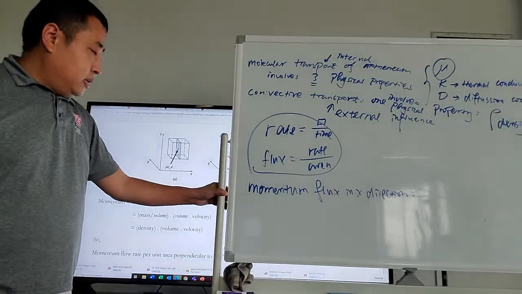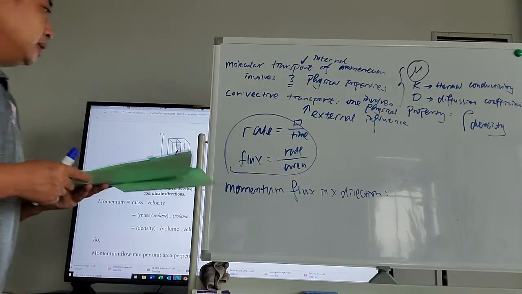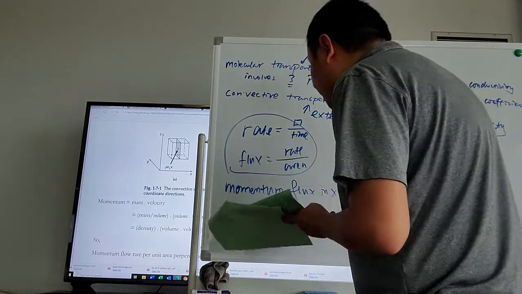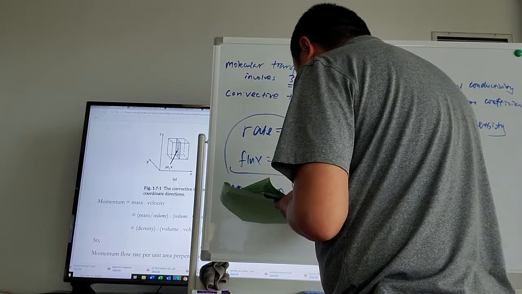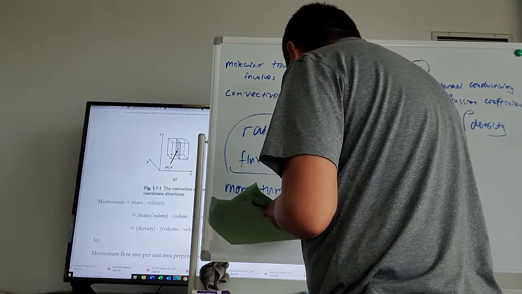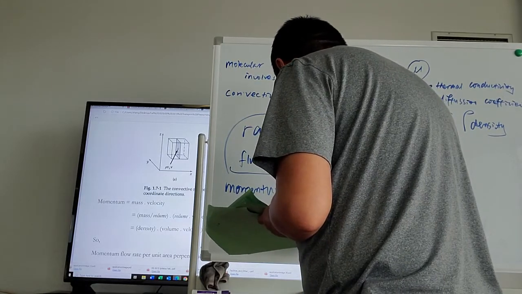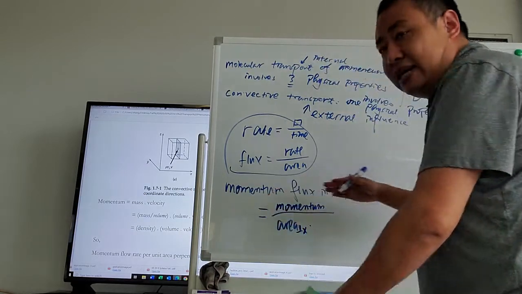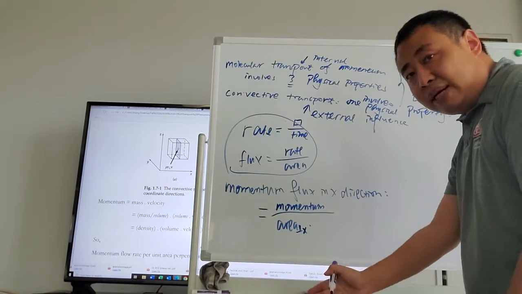So for this case now, this equals momentum divided by the area, which is perpendicular to x direction, or along the x direction. So the area we know is perpendicular to x.